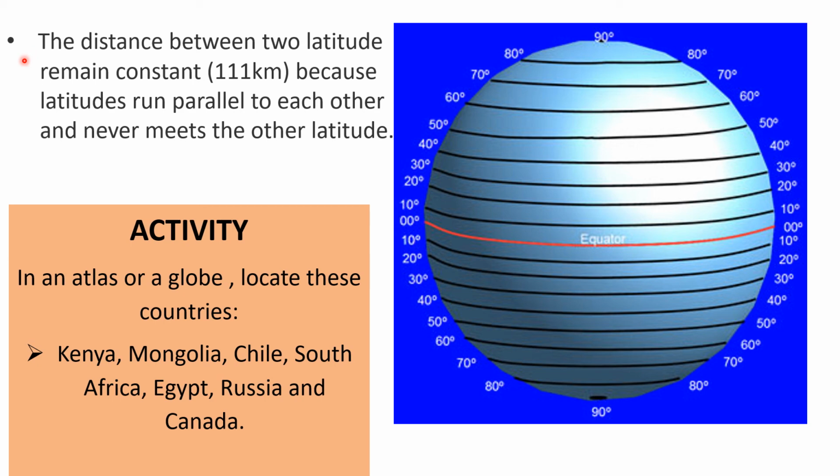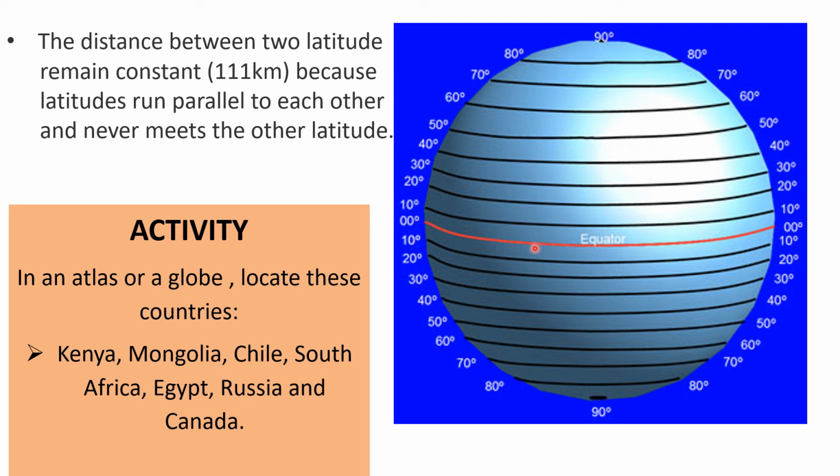The distance between two latitudes remains constant, that is 111 kilometer. That means you learned that from the equator, 1, 2, 3, 4, 5, 6, 7, 8, 9, 10, 11, 12, and so on, 90 latitudes in the northern hemisphere.